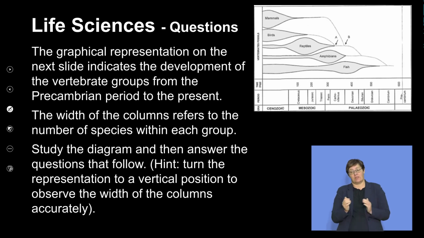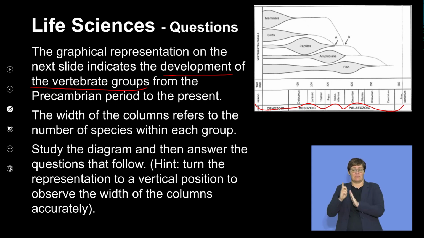Then, next question. You'll notice that most of these questions are linked to the geological timescale. They just show different aspects. Okay? And this one is similar to the previous one. It's also looking at the different time periods, except this is looking at the development of the vertebrate groups.